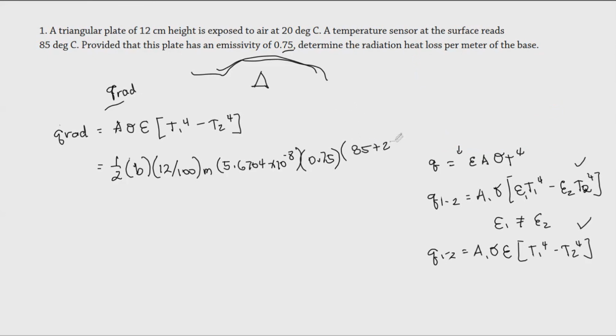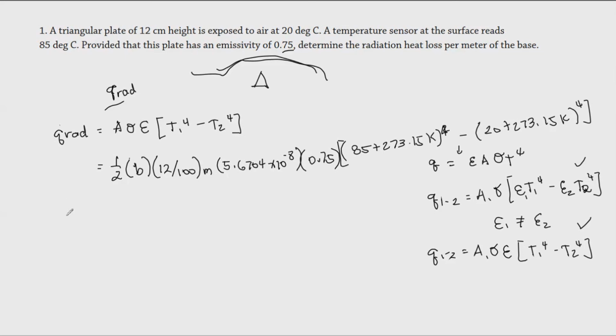And then we need to convert that to Kelvin. It's not like the one we used in conduction before, because before we didn't convert since it was just a difference. But in this case, since it has to be raised to the 4th power, we need to convert this to the absolute temperature.